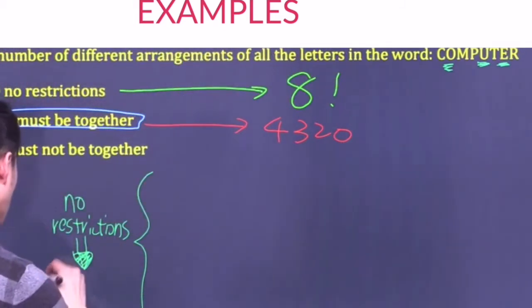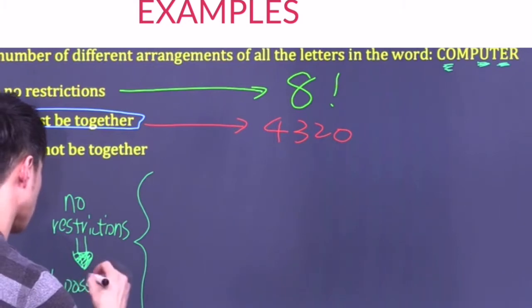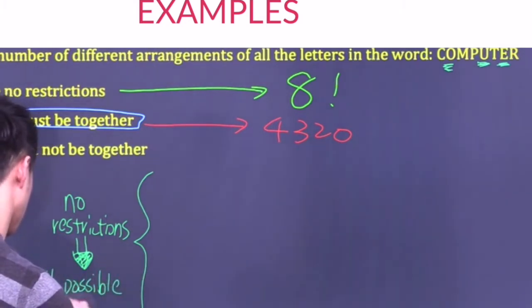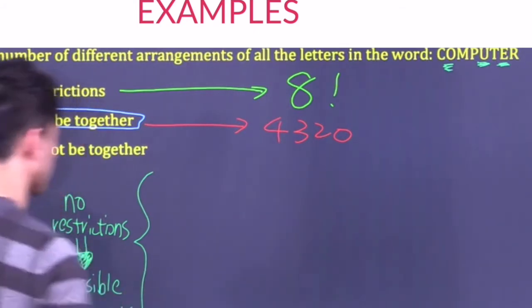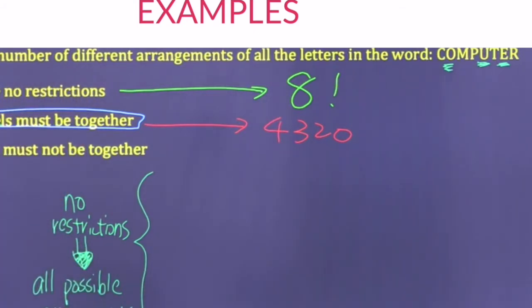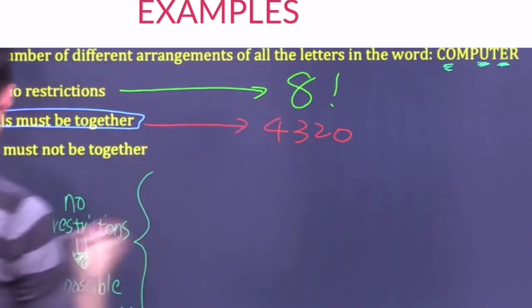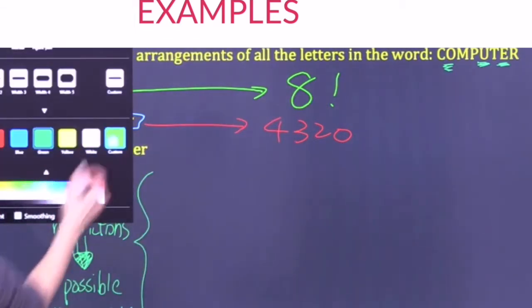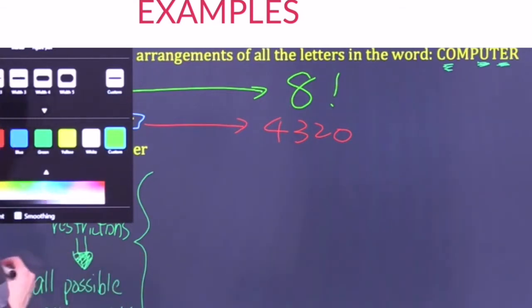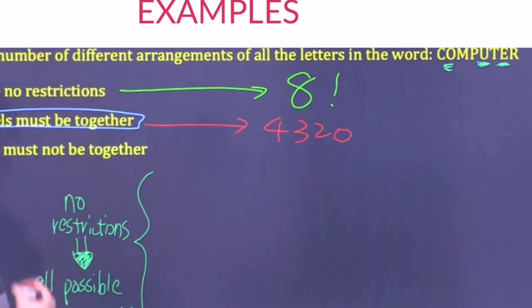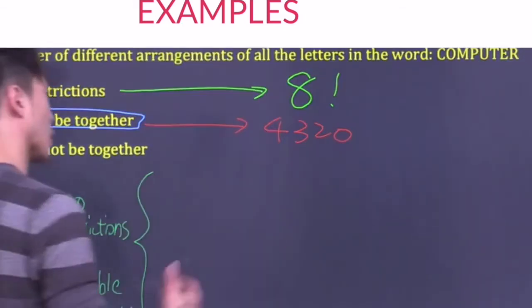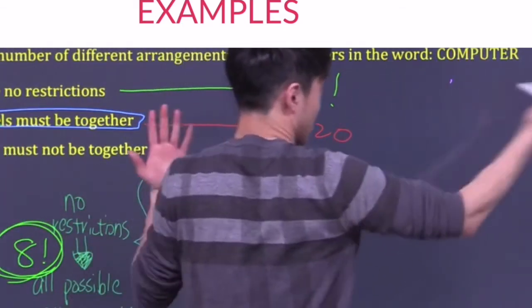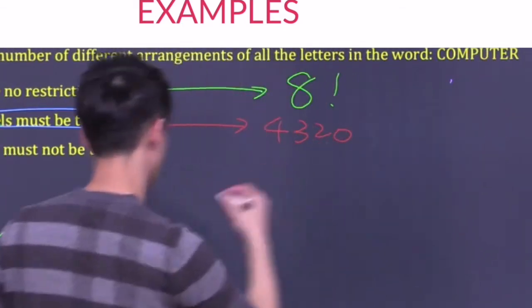So all the possible arrangements, how many are there? We found the answer to be 8 factorial. So the answer is 8 factorial, right?